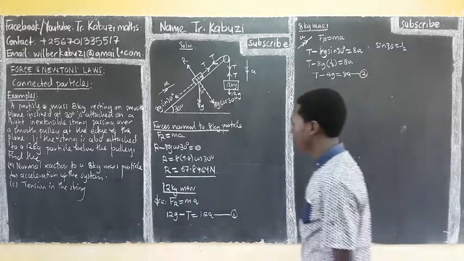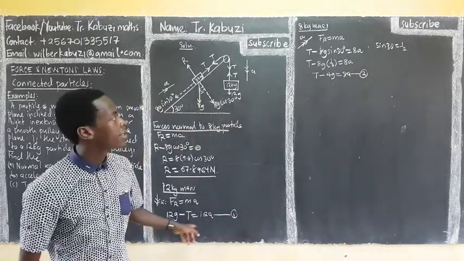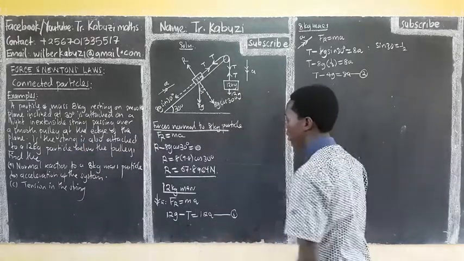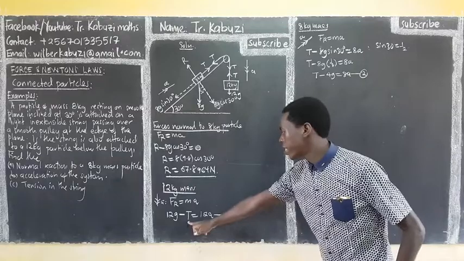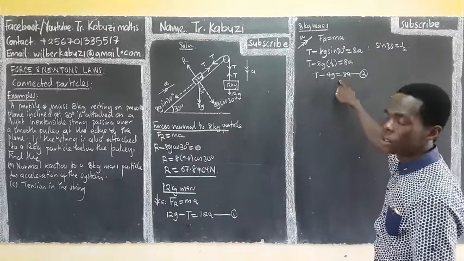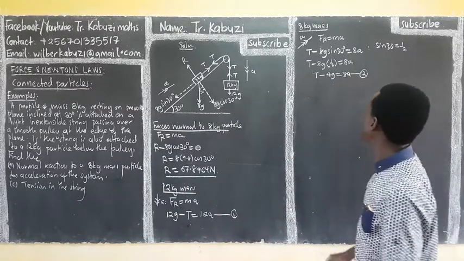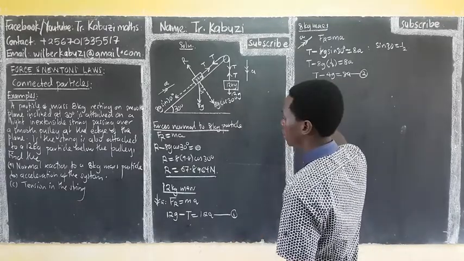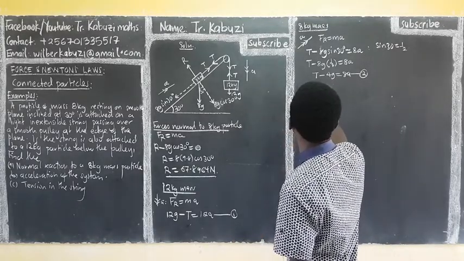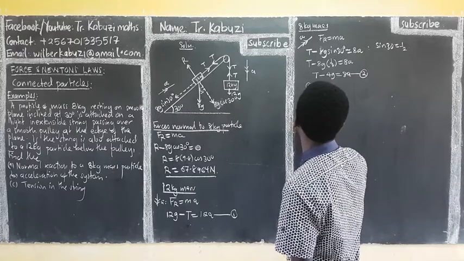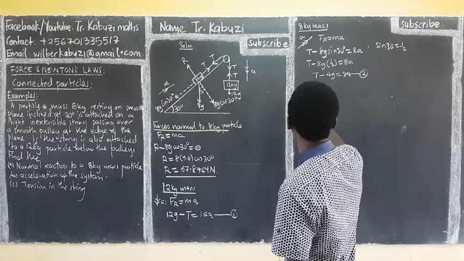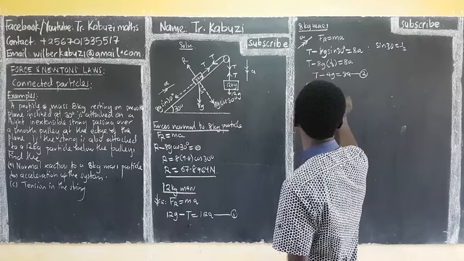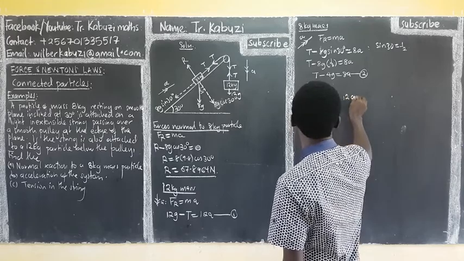Now the question is basically done. I think everyone can solve this. What are you going to do? We are going to add the two equations so that we can easily get our acceleration. So we say 1 plus 2. We shall get 12g minus T equals 12a.